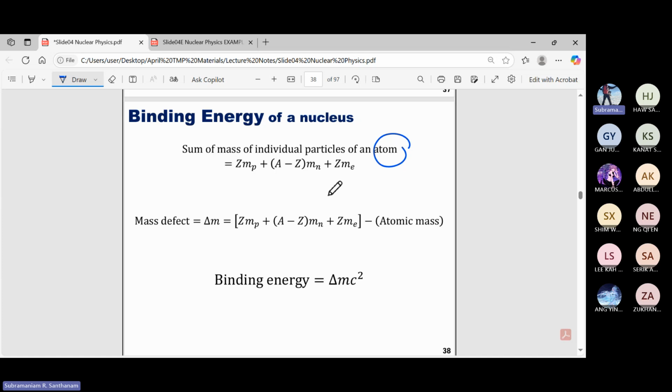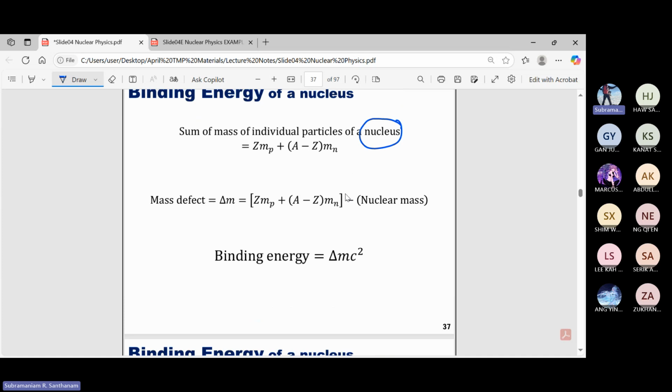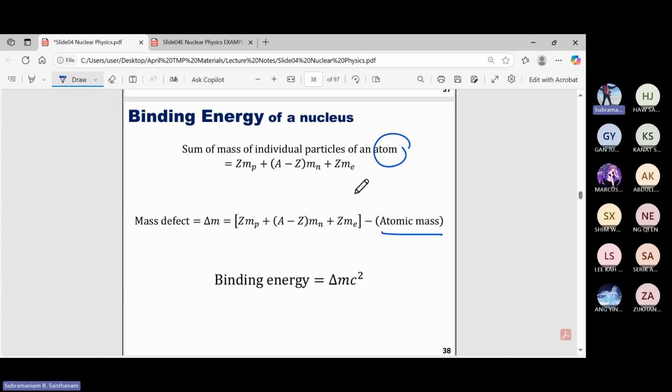You understand the difference? Okay, if you want to find the mass defect, you must subtract from that mass the atomic mass, not the nuclear mass, because the nuclear mass is only the nucleus. When you say atomic mass, it will take the mass of the nucleus plus the mass of the electrons.